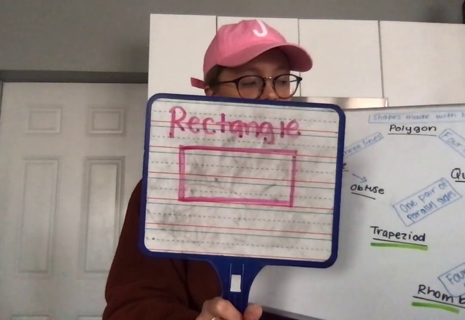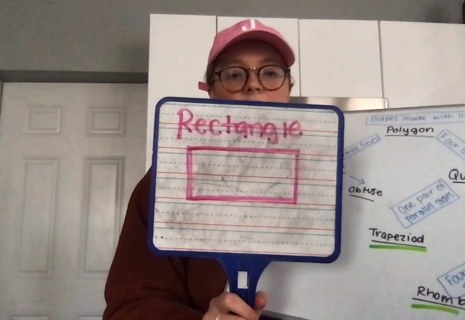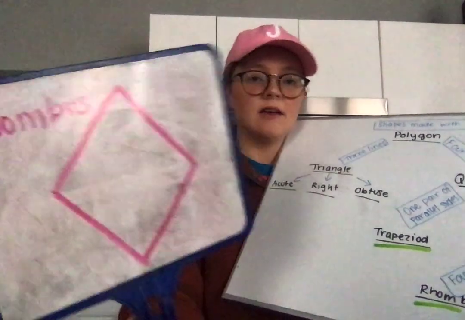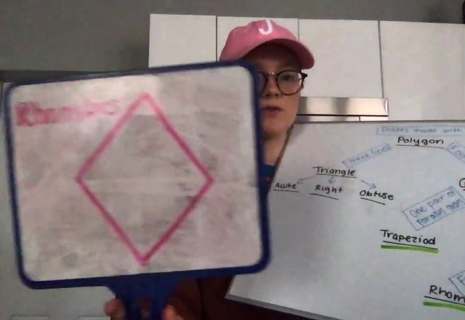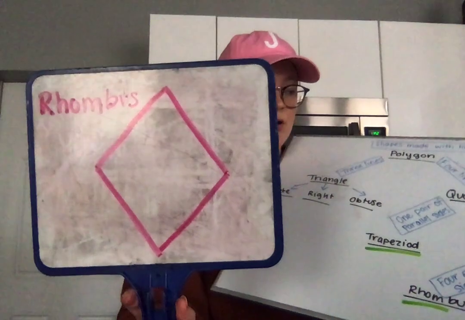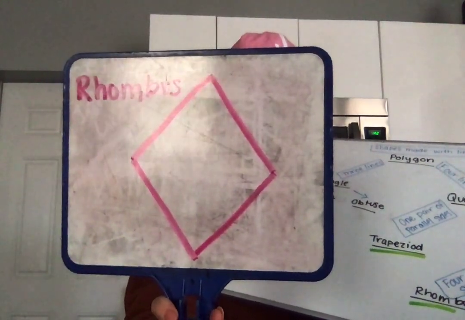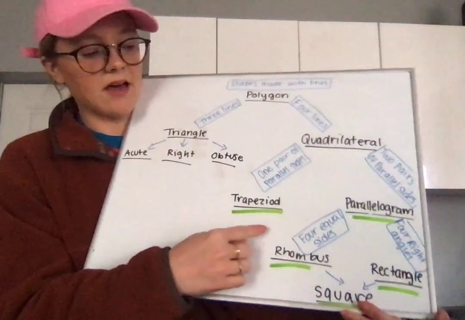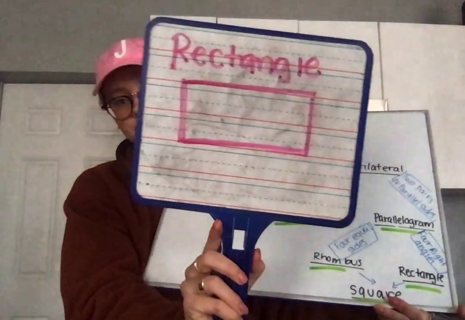So both of these are parallelograms because they have two sets of parallel lines. Do you see the top and the bottom are parallel and both sides are parallel? And same with this one. All sides, we have two sets of parallel lines. So these are both parallelograms, but this one has all equal length sides, which is how we got to this path here. And this one has 4 right angles.